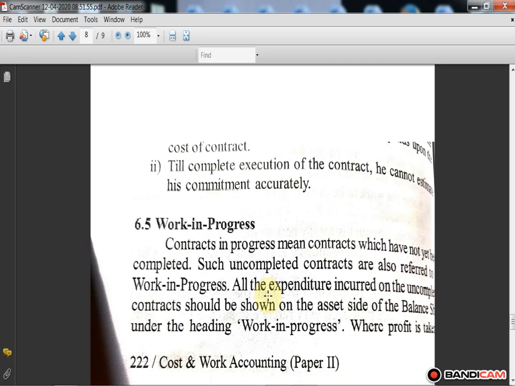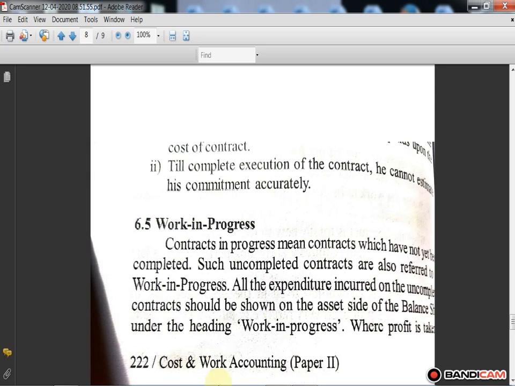Every time, expenditure incurred on uncompleted work is shown on the asset side in the balance sheet under the heading of work in progress.